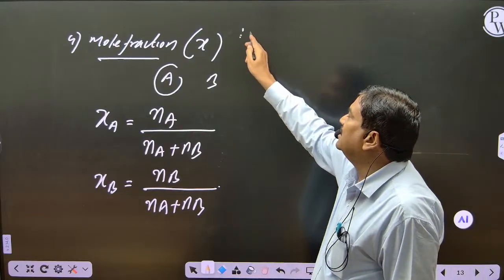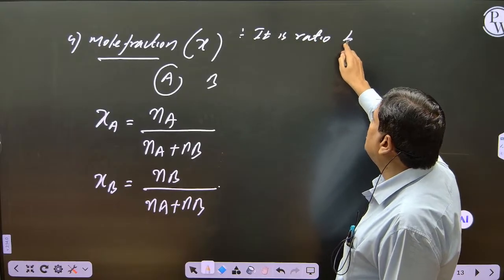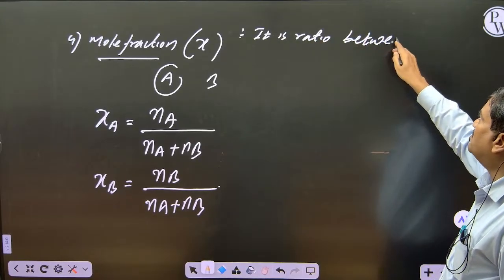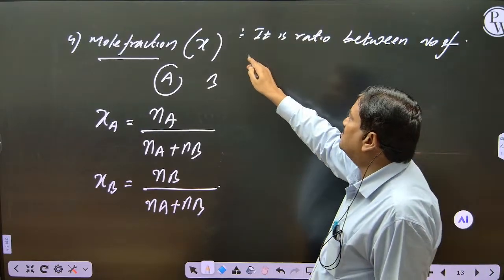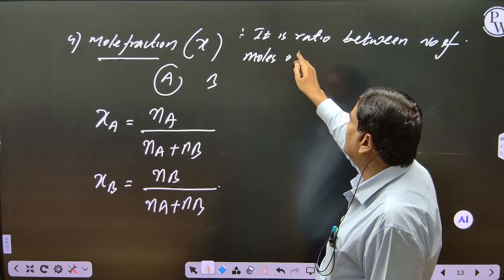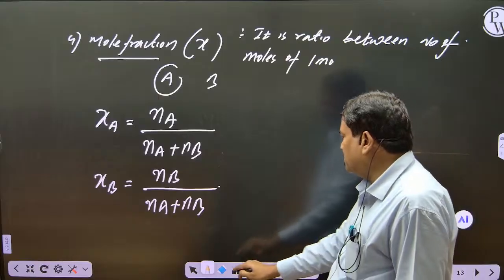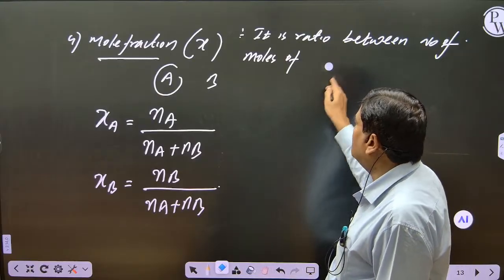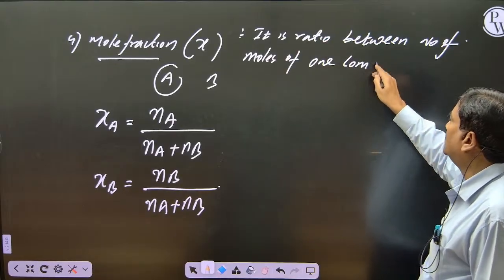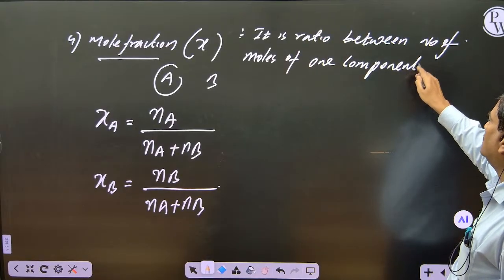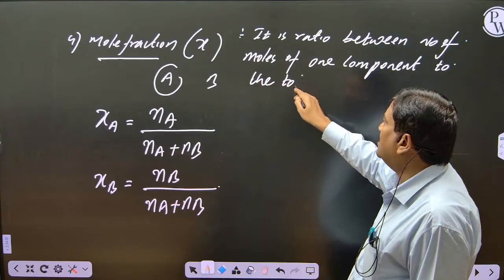So write the definition, simple. It is the ratio between the number of moles of one component to the total moles of all the components.